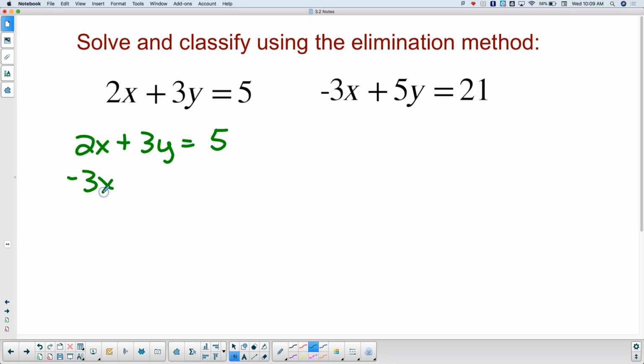Negative 3x plus 5y equals 21. Like it. Second step in the equation.